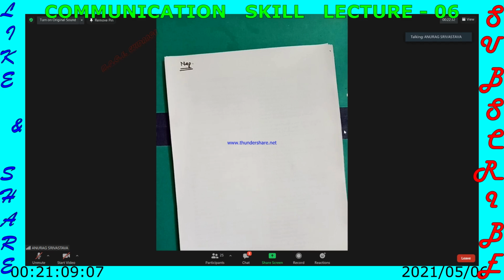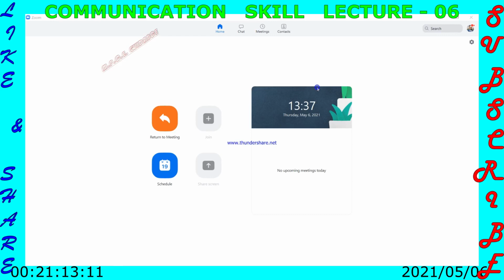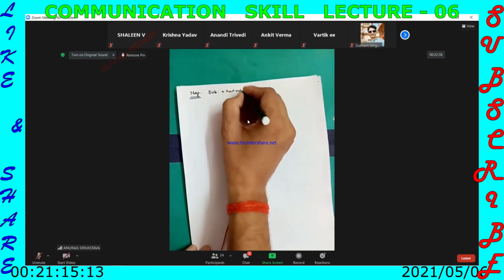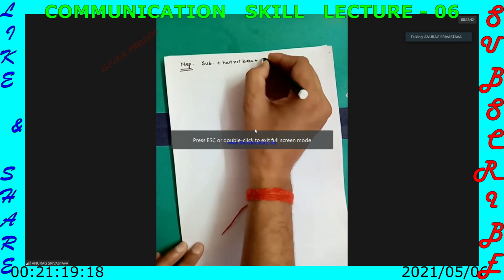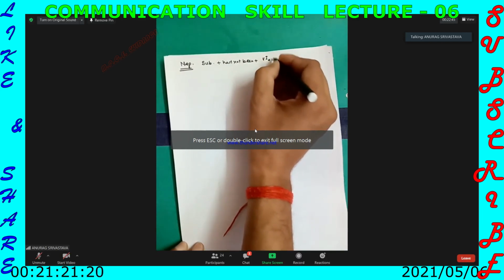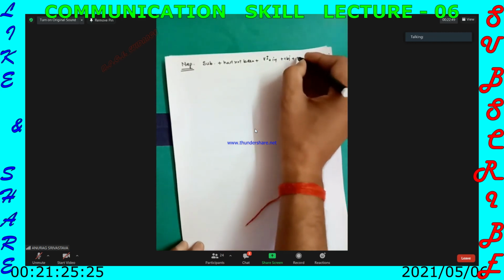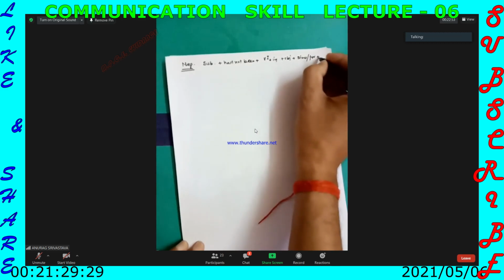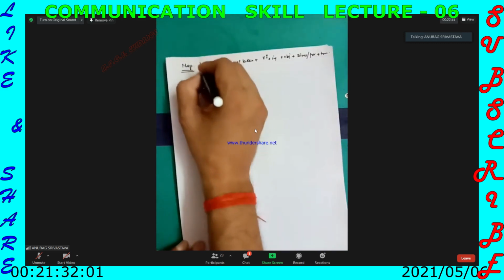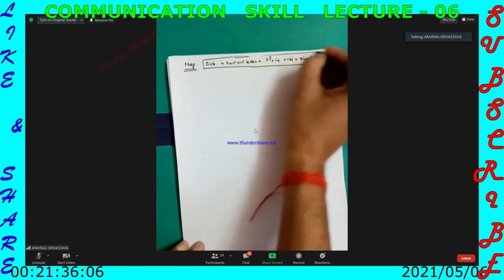So the sentence format will become: subject plus had not been plus verb's first form with ing plus object plus since or for plus timing plus other. It is the format of the sentence written in negative.